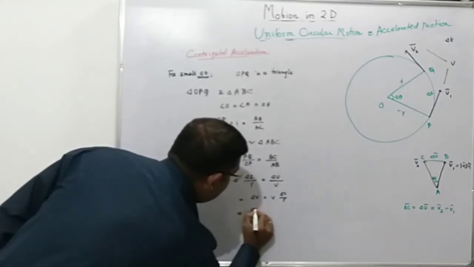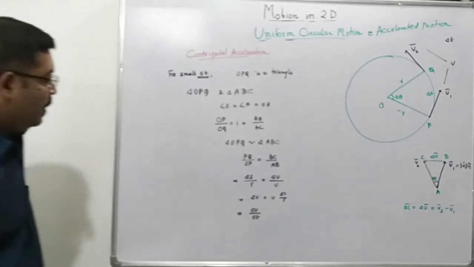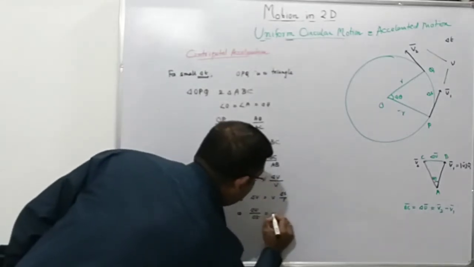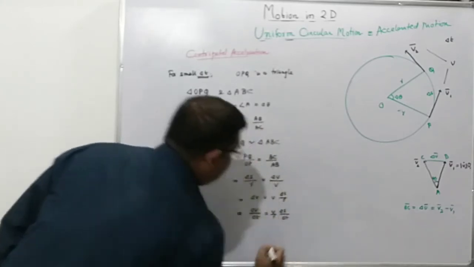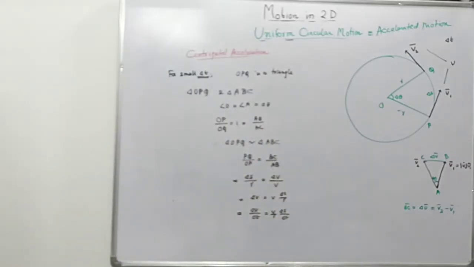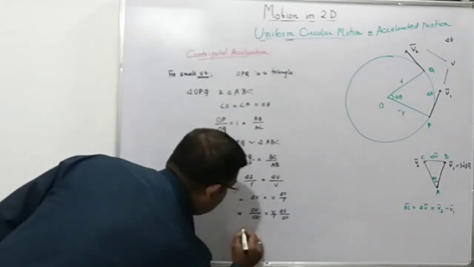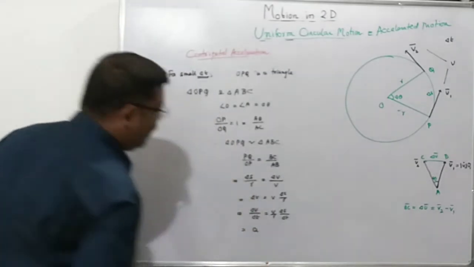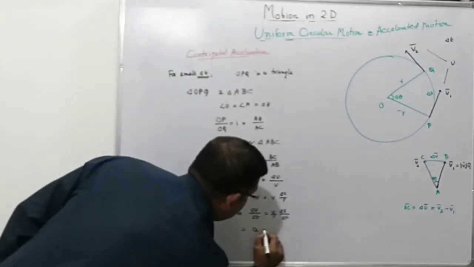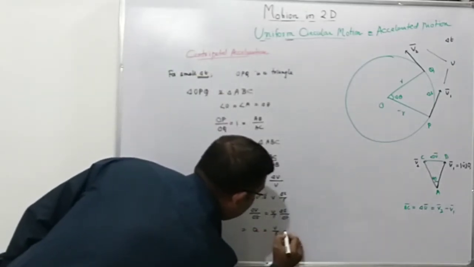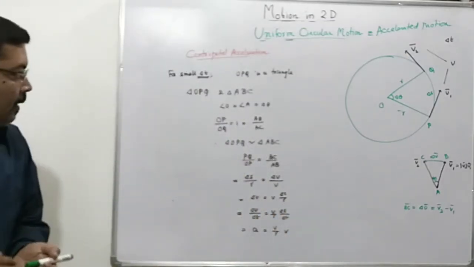Dividing both sides by the time, delta V by delta t must be equal to V by R into delta S by delta t, which finally will give us the rate of change of velocity, acceleration, equal to V by R into V, because delta S by delta t is linear velocity.